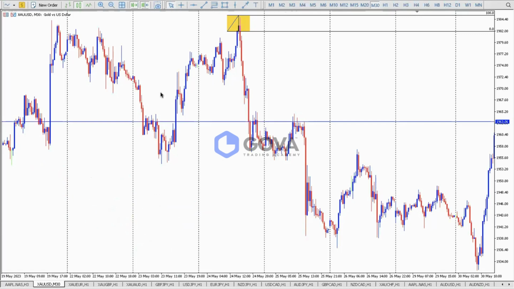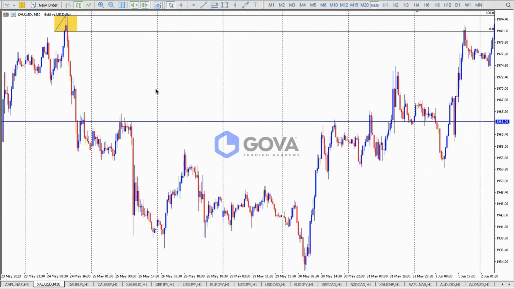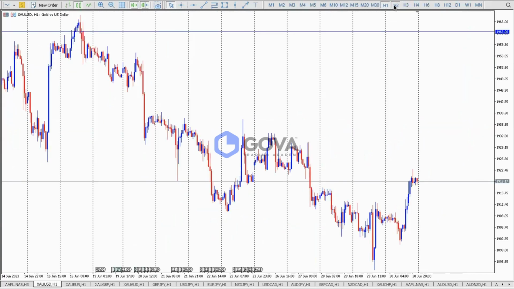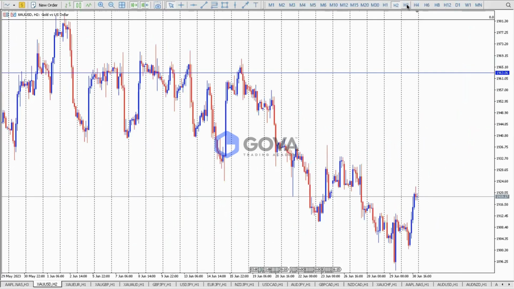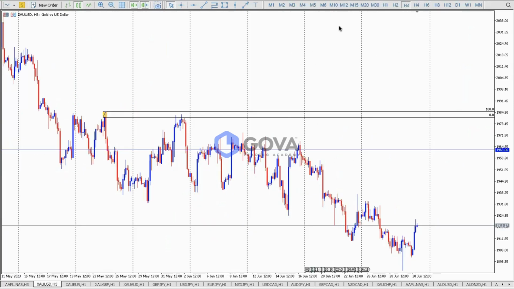So let's continue. You can see how I reduce the zone into a smaller part as I switch to lower, right? You can see how I reduce it. Now, I'm going to switch back to a higher time frame. Now, switching back to a higher time frame, you can see that this is the zone.